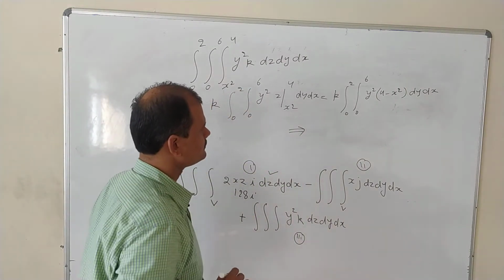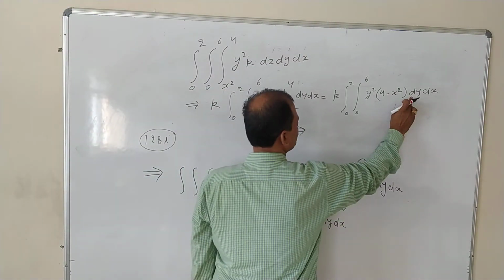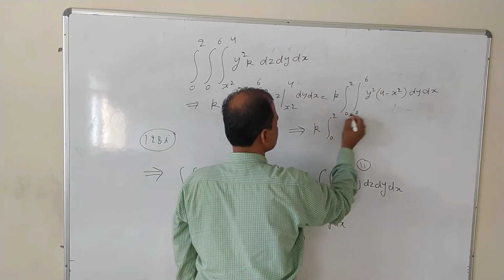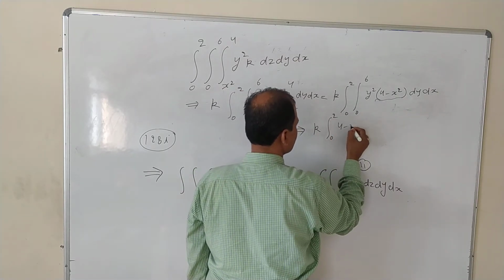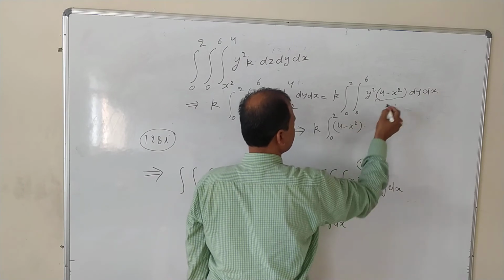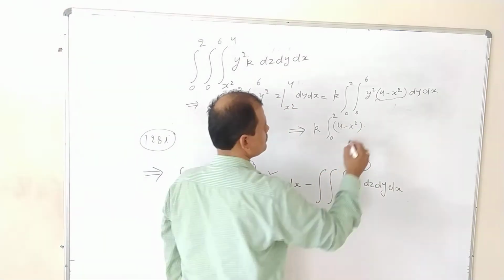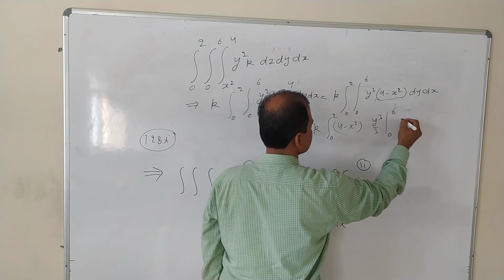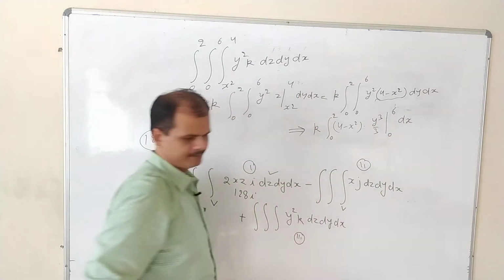Now we will integrate with respect to y, so we get k, 0 to 2, and this 4 minus x square will be a constant, and y square gives y cube by 3, 0 to 6 dx. Fine.